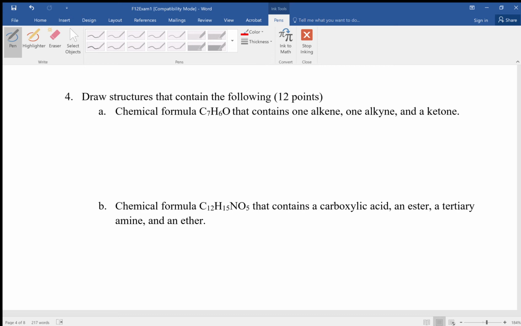So for the various parts of question 4, we're looking at chemical formulas as well as functional groups. A lot of times I find the easiest way to approach these problems is to just draw a molecule that contains the correct number of carbons and all of the functional groups.